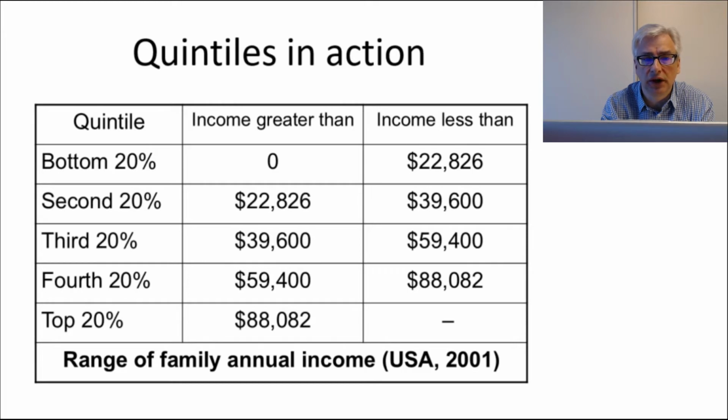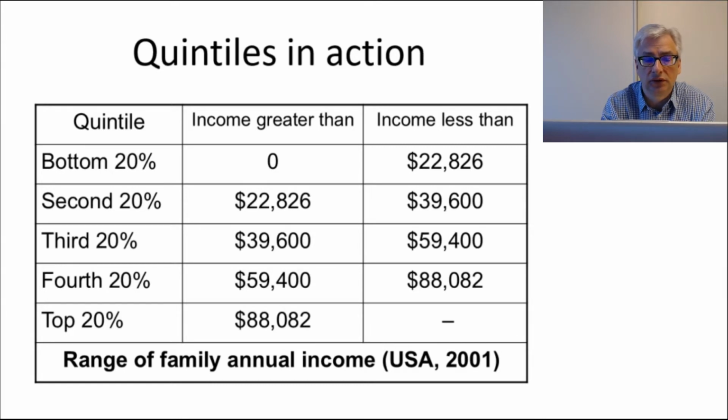The second quintile is made up of families, households, to be more precise, whose income is between 22,826 and 39,600, and so on and so forth. As you can see, the top 20%, the top quintile, has its lower limit of 88,000 without an upper limit.